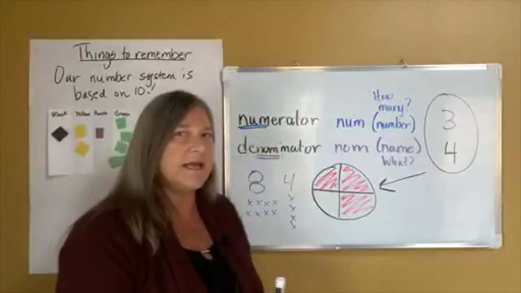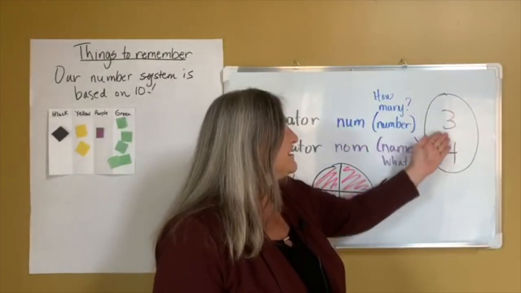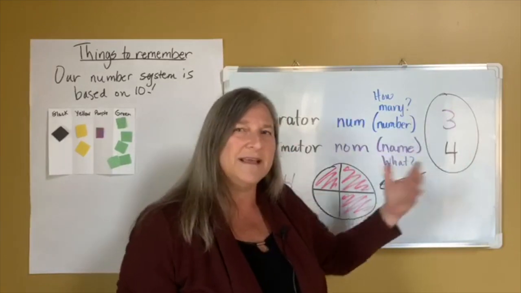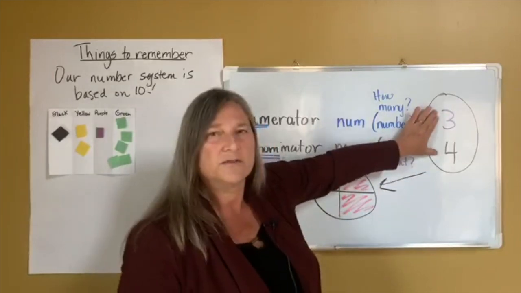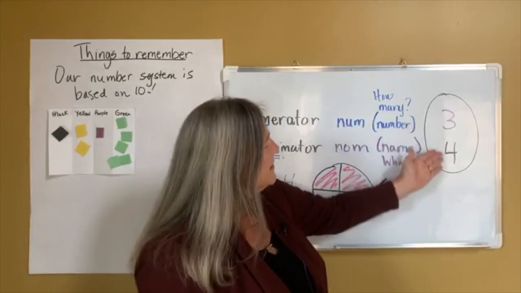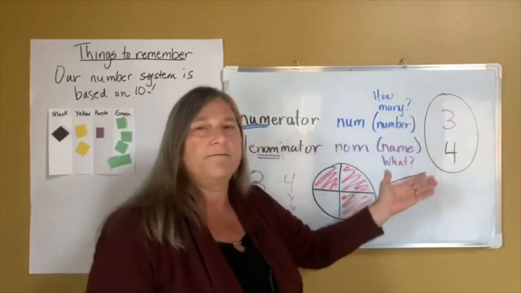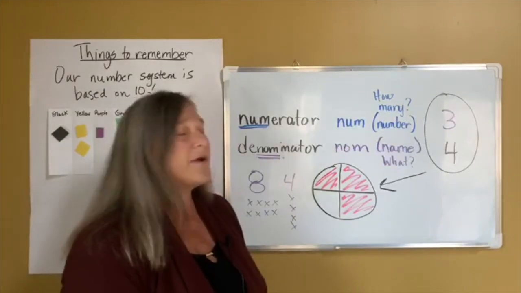But now we have this thing that we put together that gives us another idea of a number. These two pieces go together to represent this idea. And so instead of just leaving them like 3 4s, we use a notation, this bar notation.